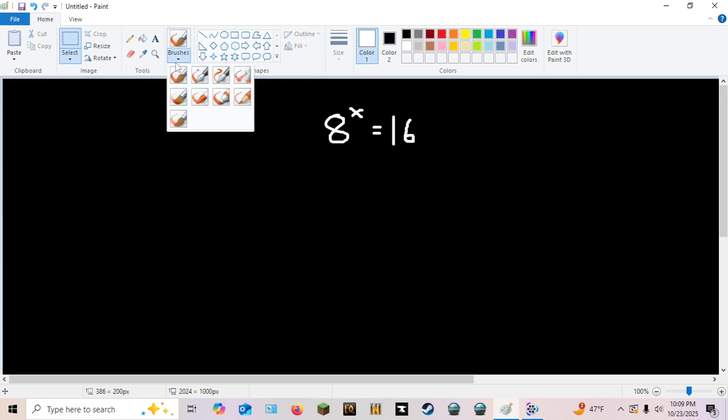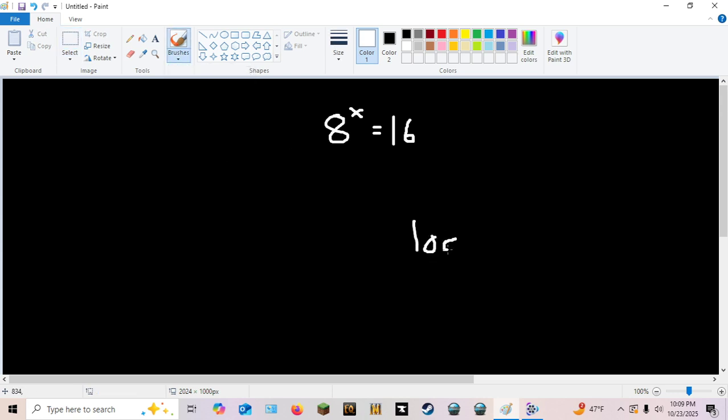And let's say, what is log 10? Be aware that the base is 10. So 10 raised to the 1st power equals 10. So let's do that. Let's take the log base 8 of both sides.